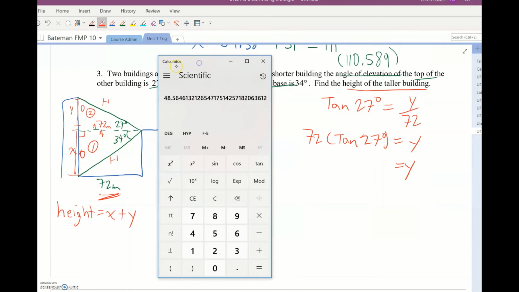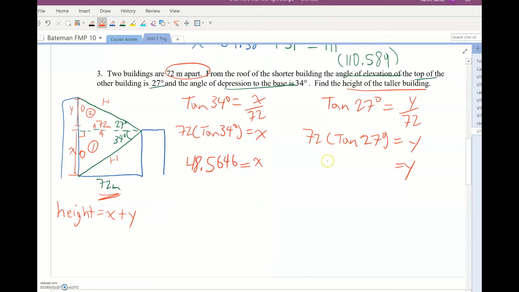Find my answer: 72 times tan 27 equals 36.6858.